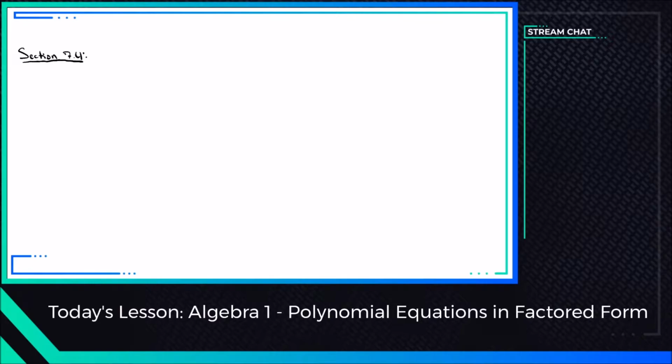I'm not going to write that out, that's way too long, but a polynomial is written in factored form when it is written as a product of factors. And so we're going to highlight factored form here.